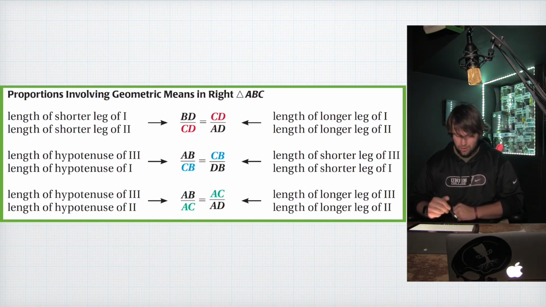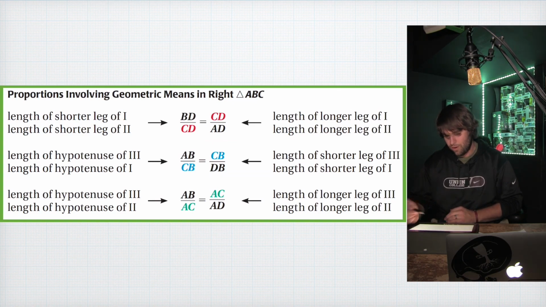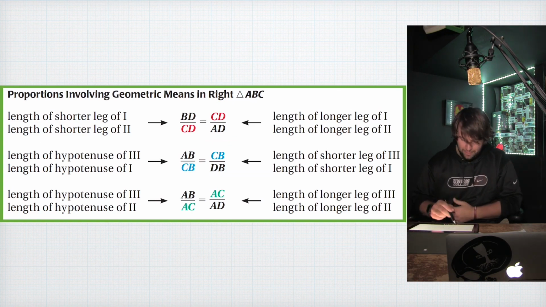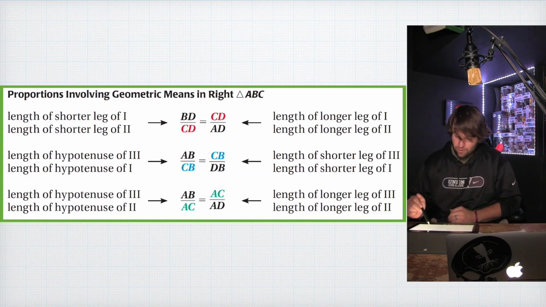Here's some of the geometric means. The length of the short leg 1 over the length of the short leg 2 equals length of longer leg 1 over length of longer leg 2. Length of the hypotenuse 3 over length of hypotenuse 1 equals length of short leg 3 over length of short leg 1. Length of hypotenuse 3 over length of hypotenuse 2 equals length of the longer leg 3 over length of the longer leg 2.